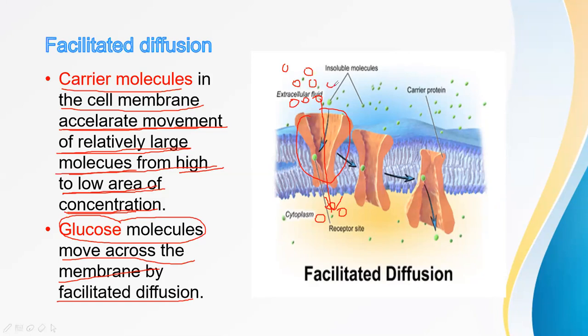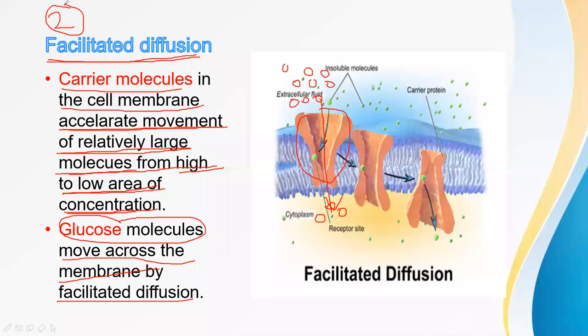These glucose molecules are large molecules, so they enter inside the cell by facilitated diffusion. Not only glucose, some other large molecules also enter inside the cell through the process we call facilitated diffusion. So this is the second passive mechanism.